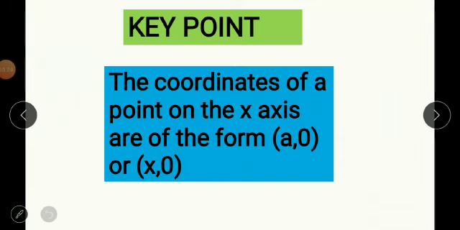Now read it carefully. The coordinates of a point on the x-axis are of the form a, 0 or x, 0 or any number, 0.